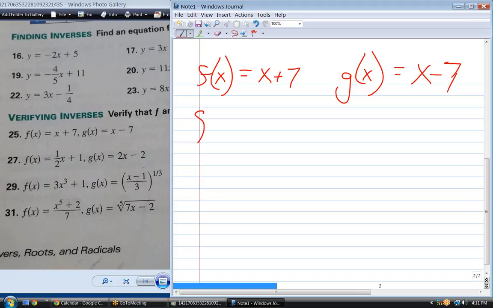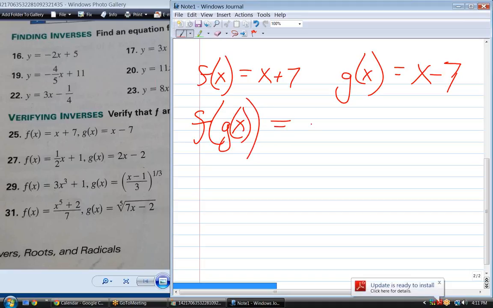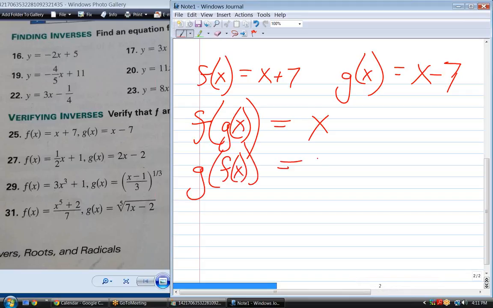And that test is f of g of x has to equal g of f of x, and they both have to equal x. In other words, g of f of x has to also equal x. But equaling x is the trick.